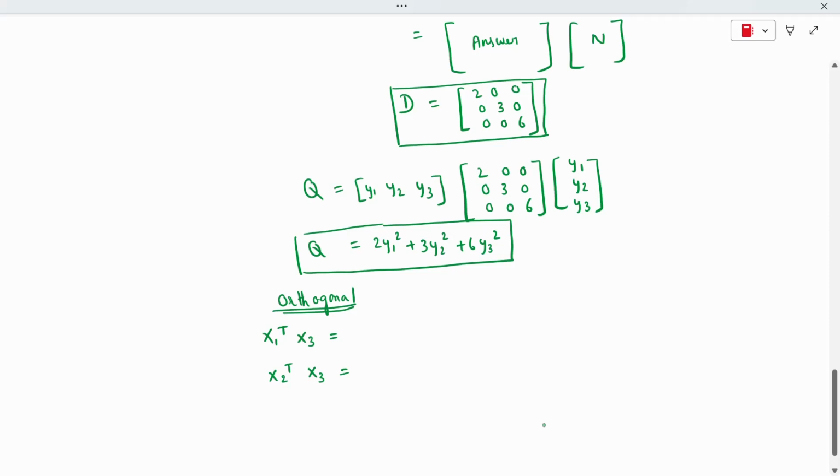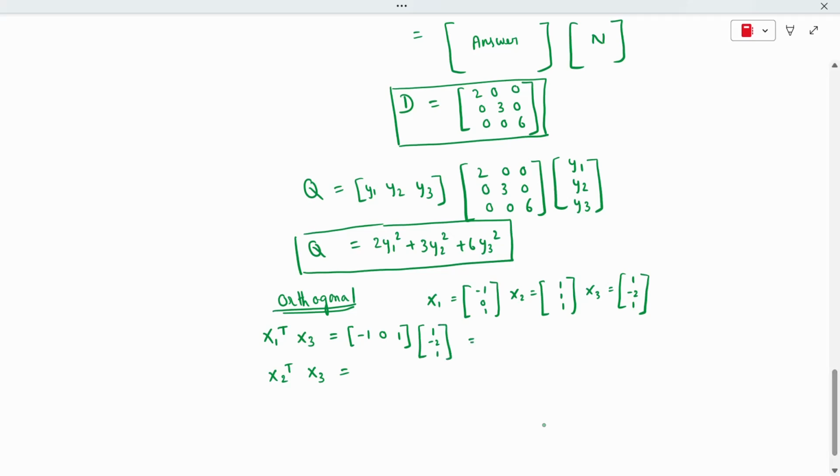What is x1 transpose? x1 is the first vector; I will write it here. It is nothing but minus 1, 0, 1. One more time I am writing so that it will be easy: x2 is 1, 1, 1, and x3 I am getting to be 1, minus 2, 1. So x1 transpose, minus 1, 0, 1, into x3, which is 1, minus 2, 1.